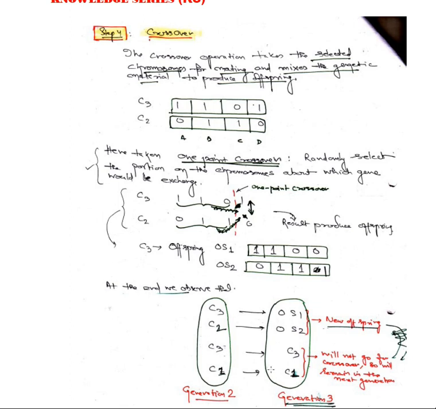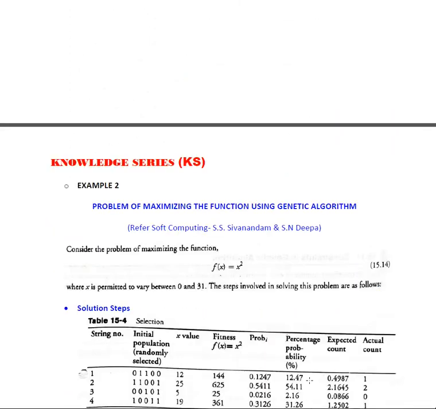And C3 and C2 we are keeping as they are. This will not go for a crossover because it will remain for the next generation. So we are keeping this combination for generation 3. Now the next point you have to remember is that if you have this offspring, that is OS2, this OS2 is 001, then in that case we will go for converting it back to 0.